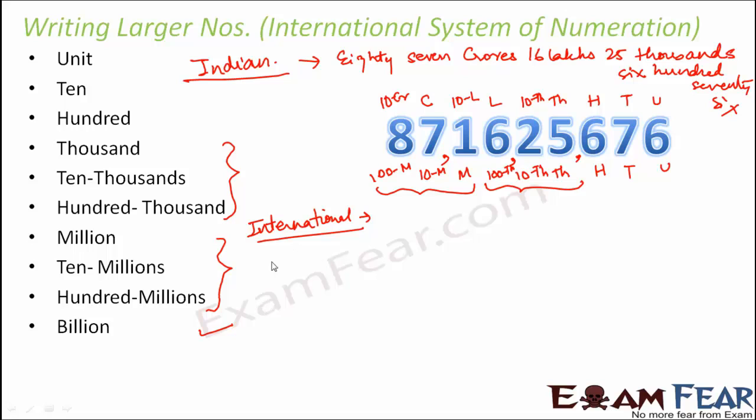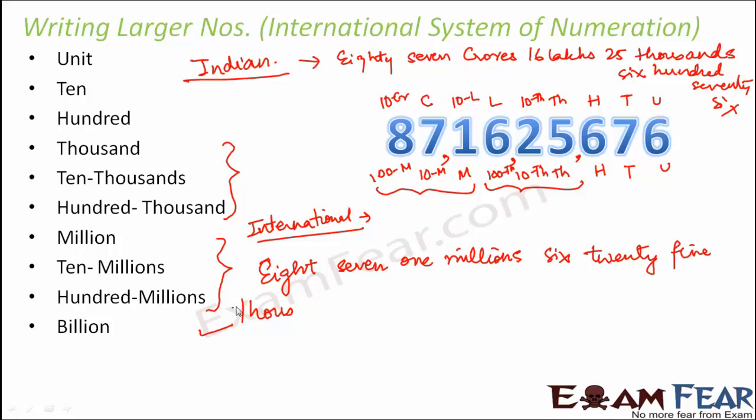So when you have to write its name, it would be something like 871 million, 625 thousand, 676.